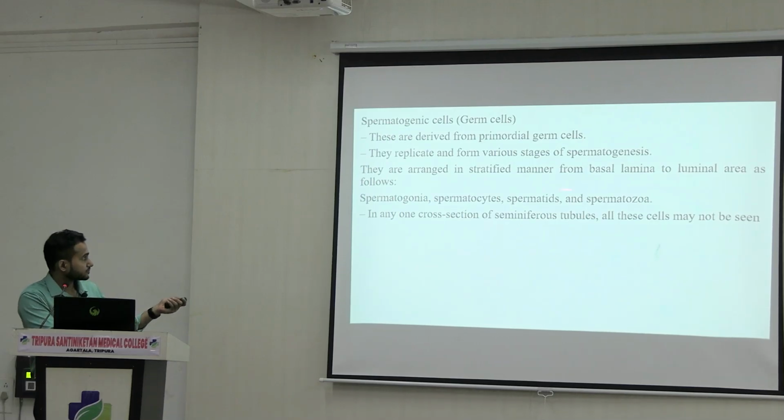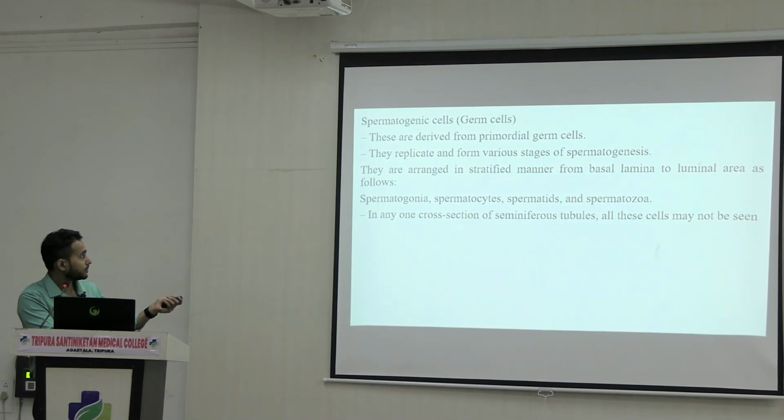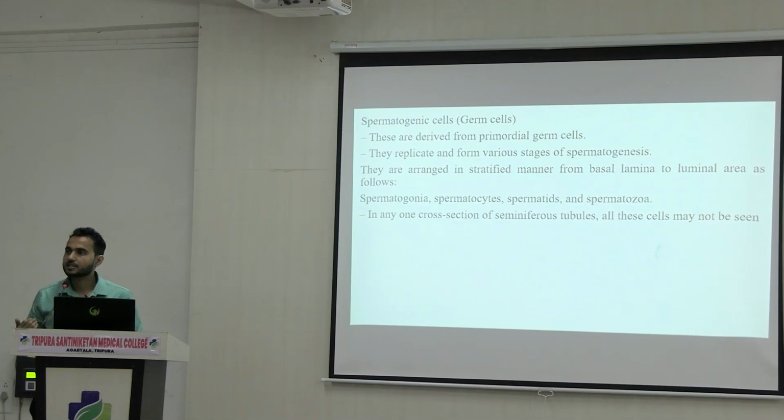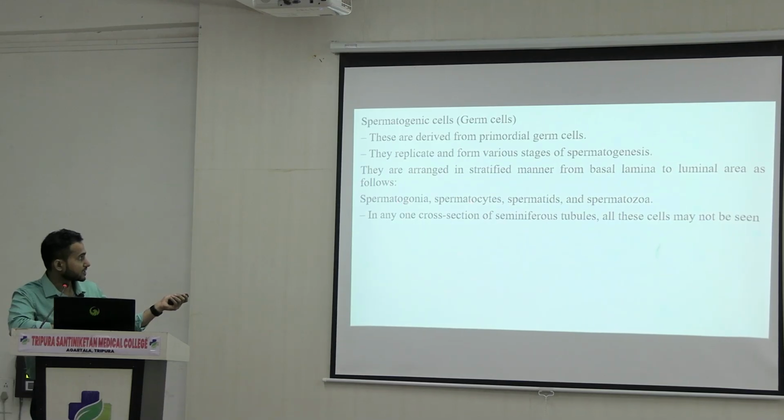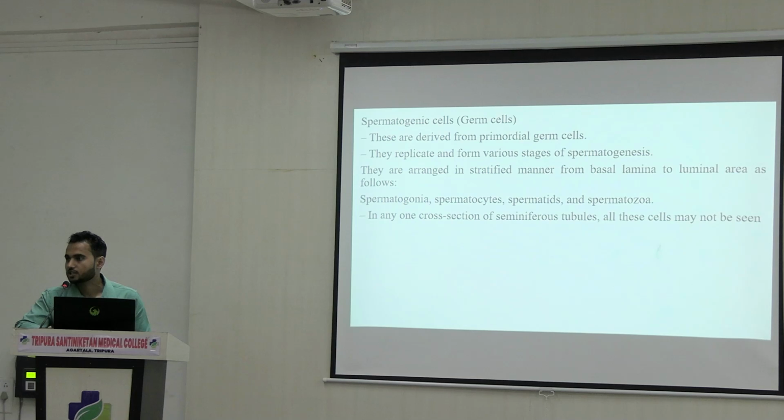Next, if you see the arrangement from the basal lamina to the luminal area, that means from the basal part of the tubule to the upper part, the cells are arranged as first spermatogonia, then spermatocytes, spermatids, and spermatozoa. This is the arrangement, and you have to follow this when you are looking at the slide.